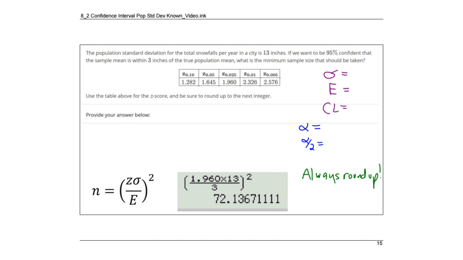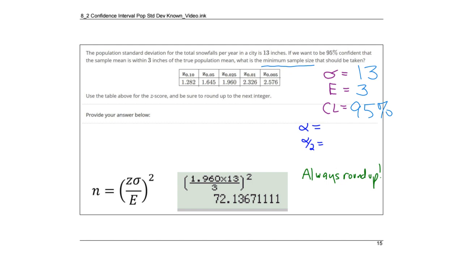Okay, one more. Population standard deviation for the total snowfalls per year in a city is 13 inches. So sigma is 13. If we want to be 95% confident, that's our confidence level, that the sample mean is within 3 inches, so E is equal to 3, what is the minimum sample size that should be taken?